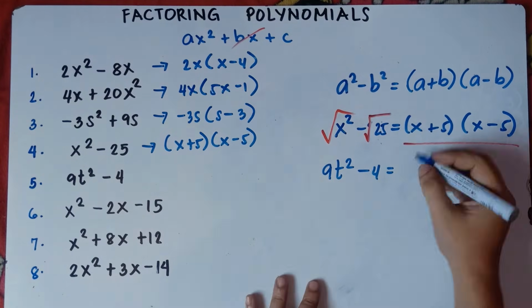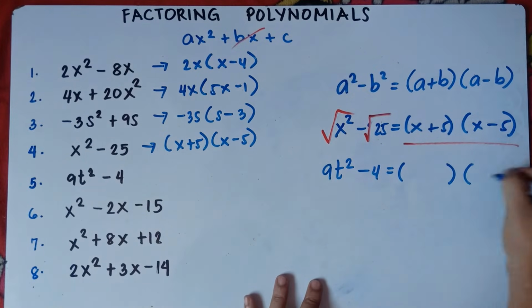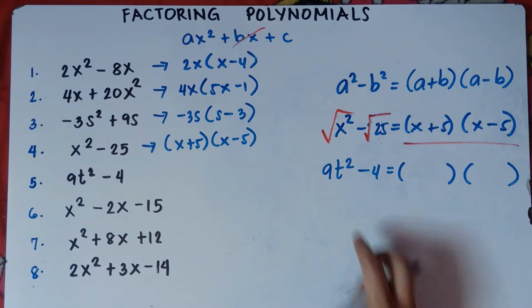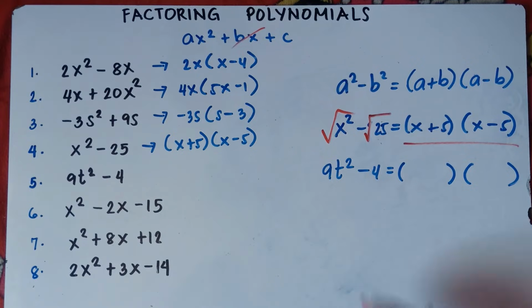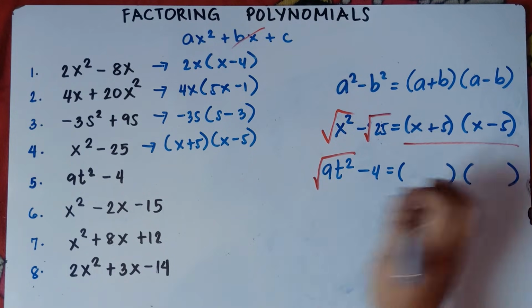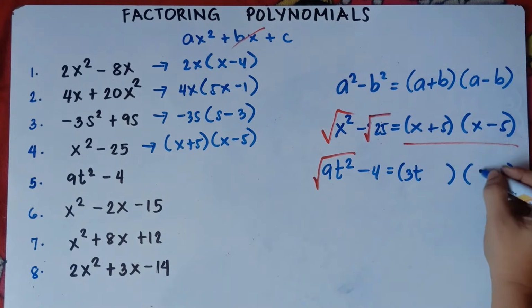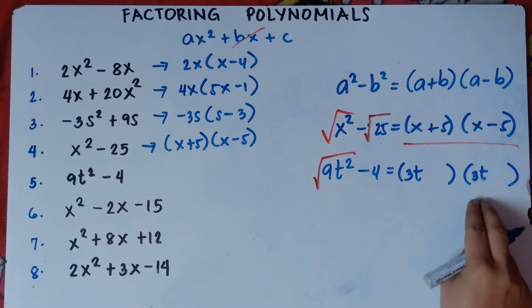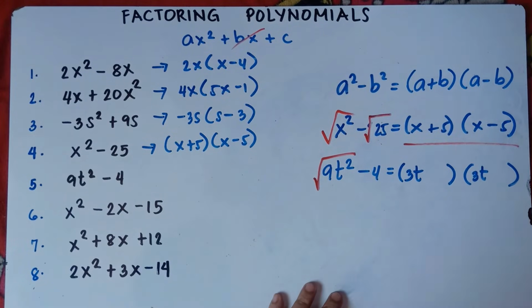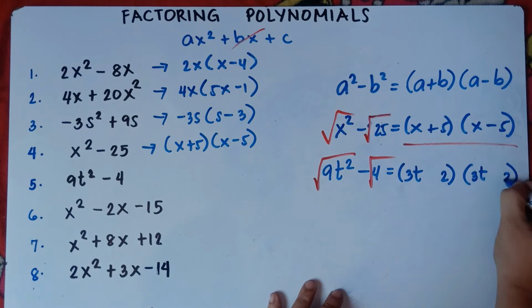Alright, so once again, you put two quantities. And then you take the square root of the first term. So the square root of 9 is 3. The square root of t squared is t. Alright, and then you put 3t on the other side. And then you get the square root of the second term. The square root of 4 is 2. And then you put plus minus.